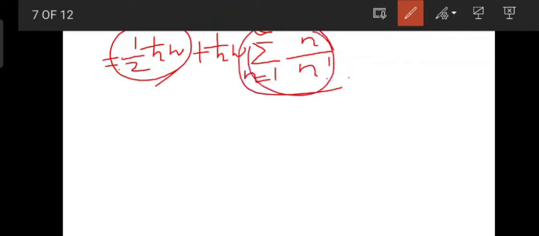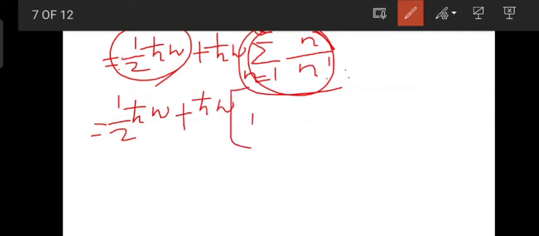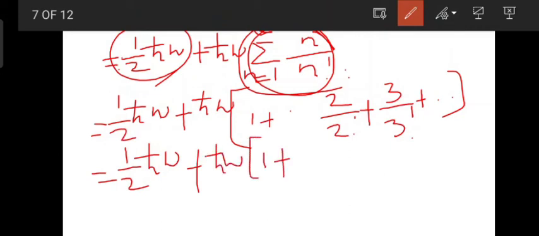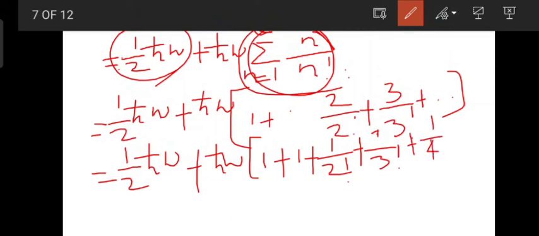Okay. And if we solve it, you will get 1 by 2 h cut omega plus h cut omega times 1 plus 2 by 2 factorial plus 3 by 3 factorial, and then 1 by 2 h cut omega plus h cut omega into 1 plus 1 by 2 factorial plus 1 by 3 factorial plus 1 by 4 factorial.